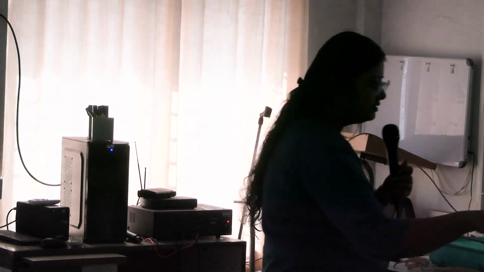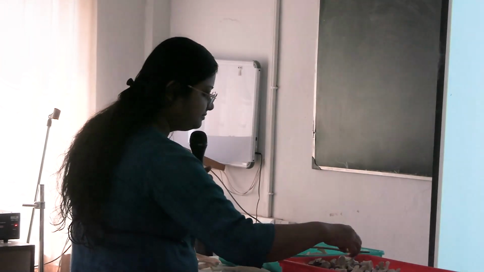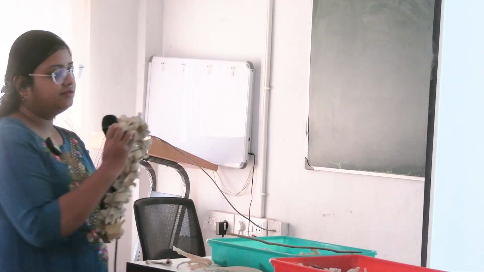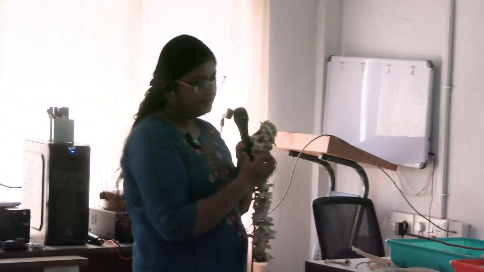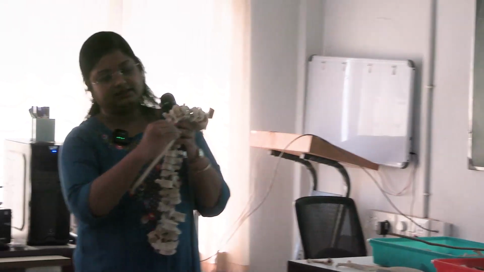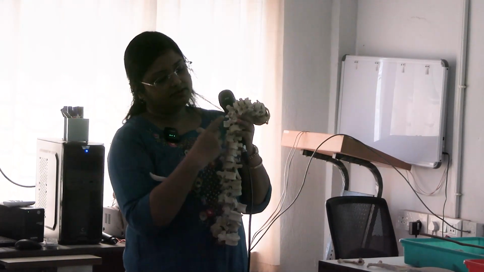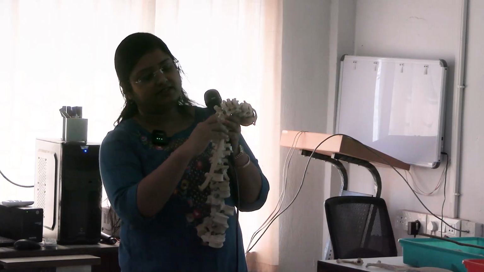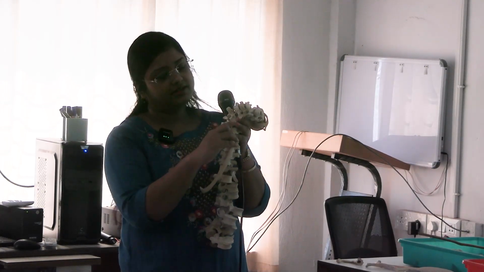So you practice these ribs and you practice the articulation. See, this is the vertebral column. These are the thoracic vertebrae. Here the rib will articulate like this. The head will articulate with this upper facet, and the tubercle's articular part will articulate with the costal facet on the transverse process.